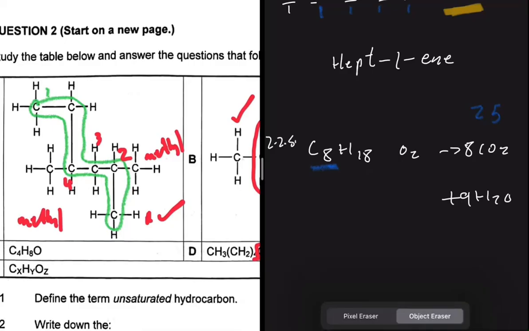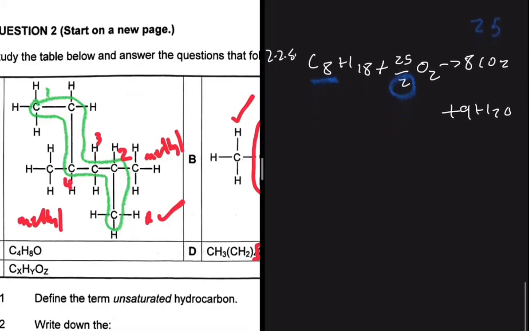Let me erase this so that it's cleaner. So we have plus 25 divided by 2 O2. Now the carbons, the hydrogens, and the oxygens are all balanced. But we cannot leave it with 25 divided by 2, so we have to multiply everything by 2.